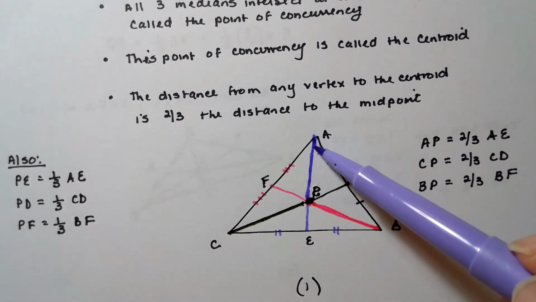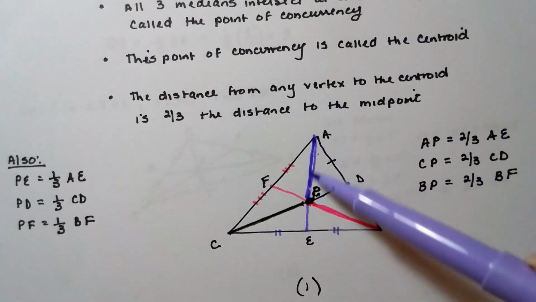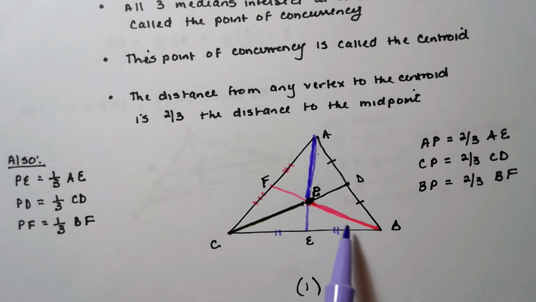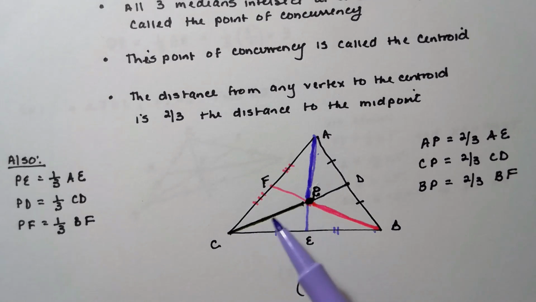So AP is 2/3 of AE, and BP is 2/3 of BF, of the whole thing, and CP is 2/3 of CD, the whole thing.